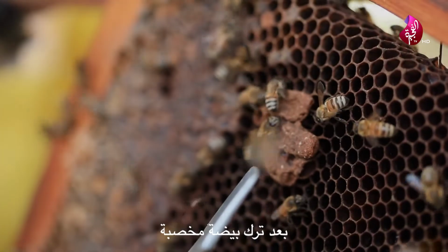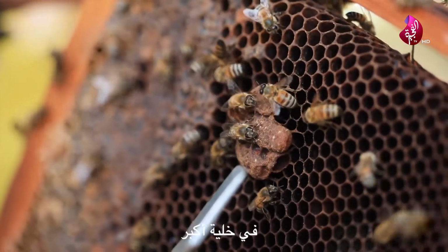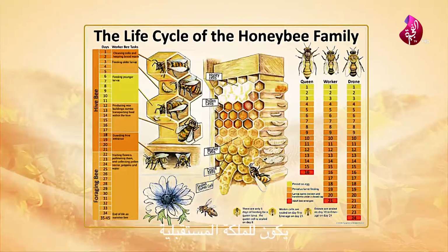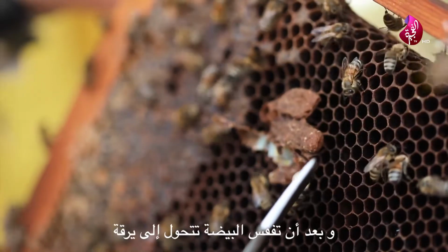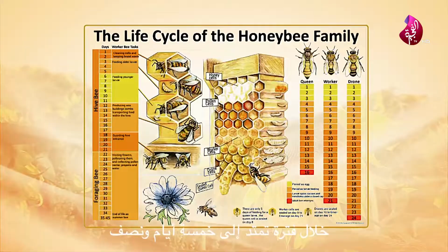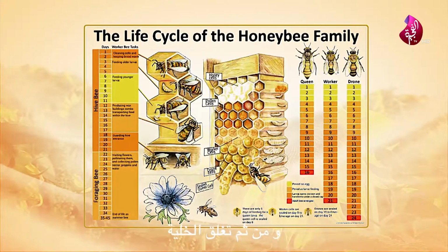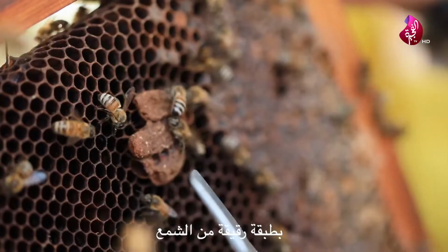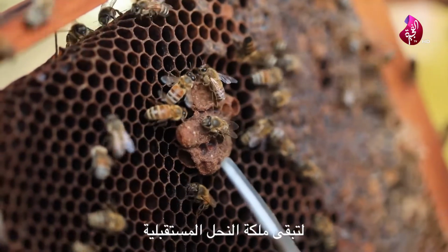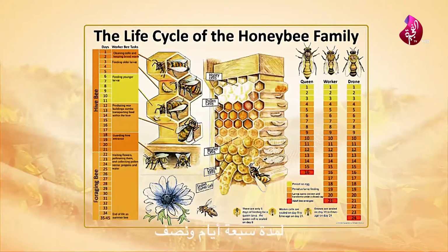After a fertilized egg is laid in a larger cell called a queen cell, the future queen has a 3-day cycle as an egg. After hatching and turning into a larva, she remains in that stage for 5.5 days, and then the cell is closed with a thin layer of wax called the operculum, where the future queen will remain for 7.5 days in the form of a pupa.